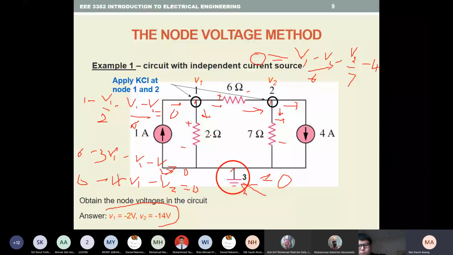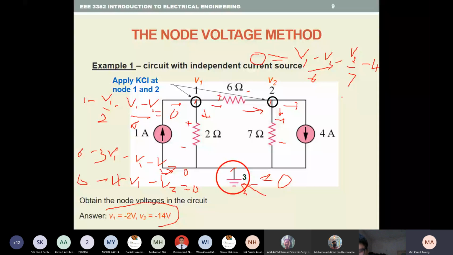Therefore, 4 V1 plus V2 equal to 6. First equation. Second equation, you have V1 minus V2 divided by 6, minus V2 divided by 7, minus 4 equal to 0.